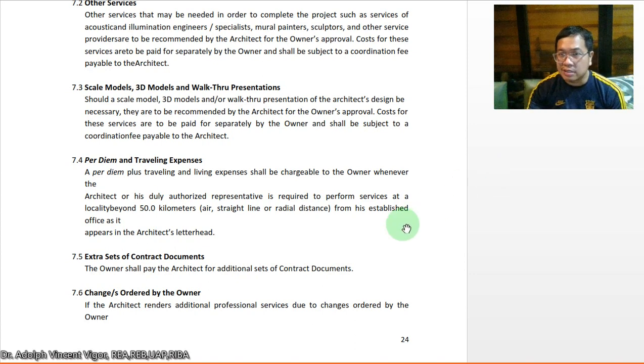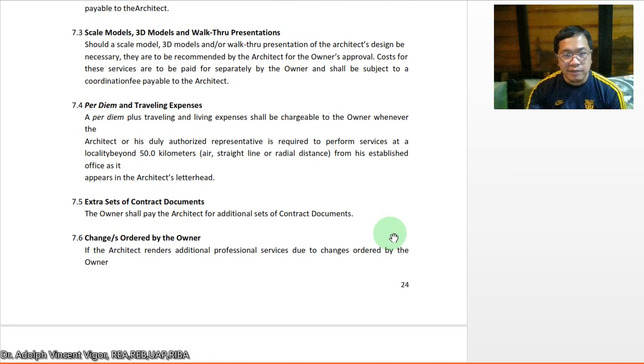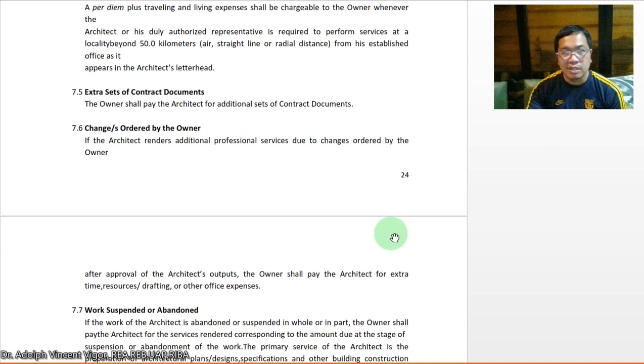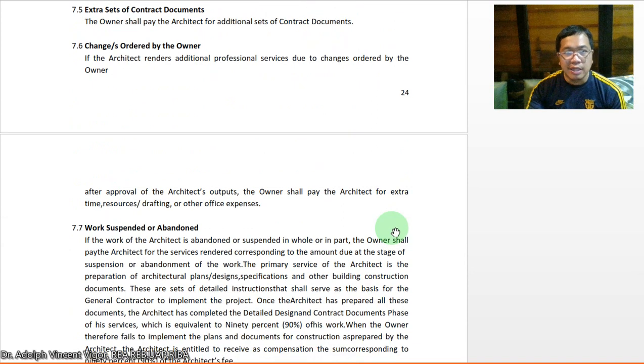Then you have here extra sets of contract documents. The owner shall pay the architect for additional cost of sets of contract documents. Then, if the architect renders additional professional services due to changes ordered by the owner after approval of the architect's output, the owner shall pay the architect for extra time, resources, drafting, or other office expenses.